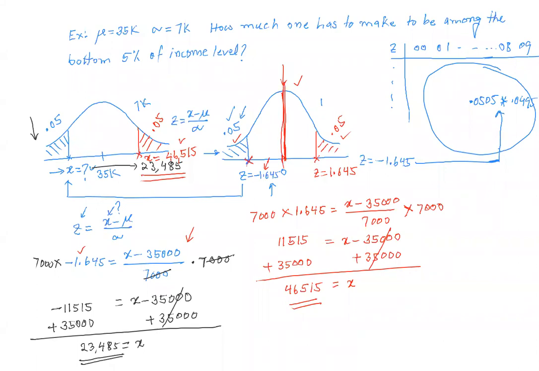Left is a mirror image of the right. So this left shaded region is 0.05, and this shaded region is 0.05. For the shaded region of 0.05 on the left, you got negative 1.645. So for the right side, you'll get positive 1.645. Or you could look it up from the table too.